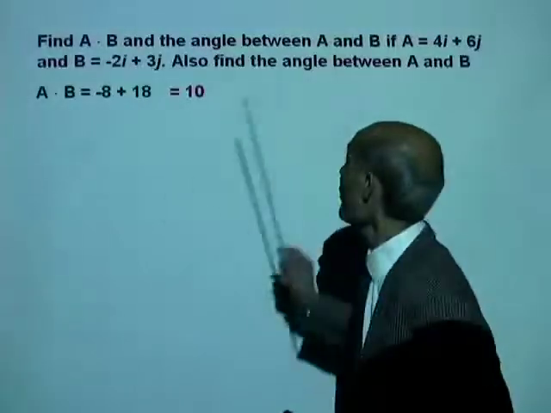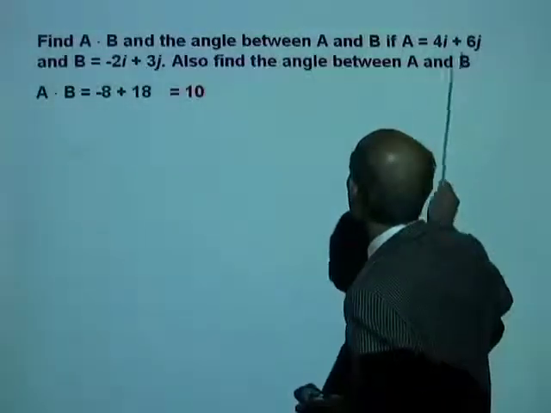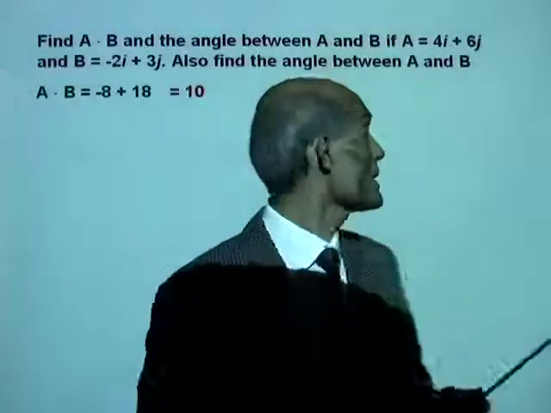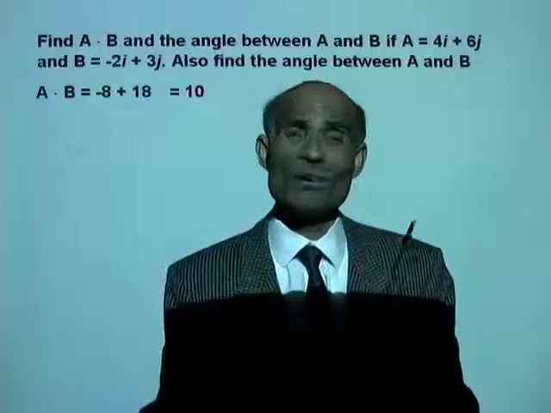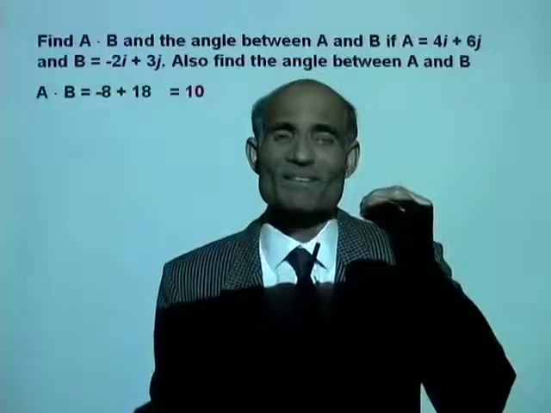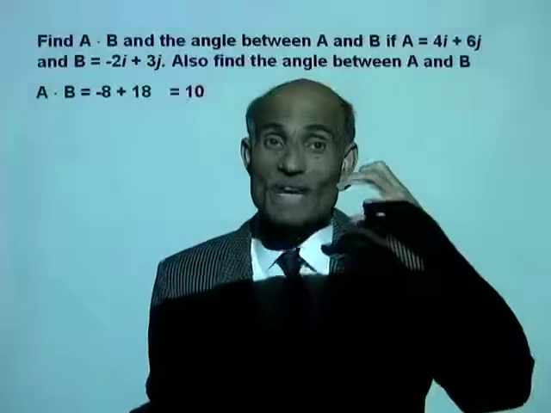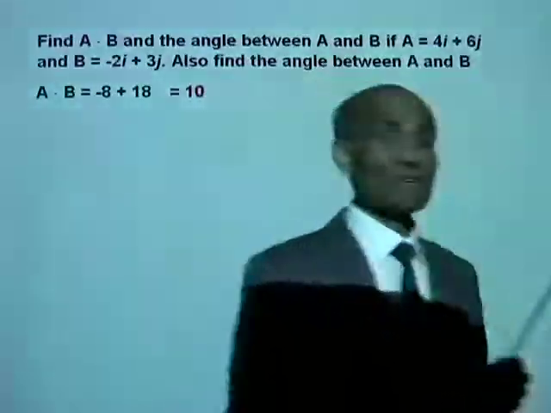Now tell me, what is the magnitude of vector A? Vector A is 4i plus 6j. Well, the magnitude of a vector is the length of the vector.